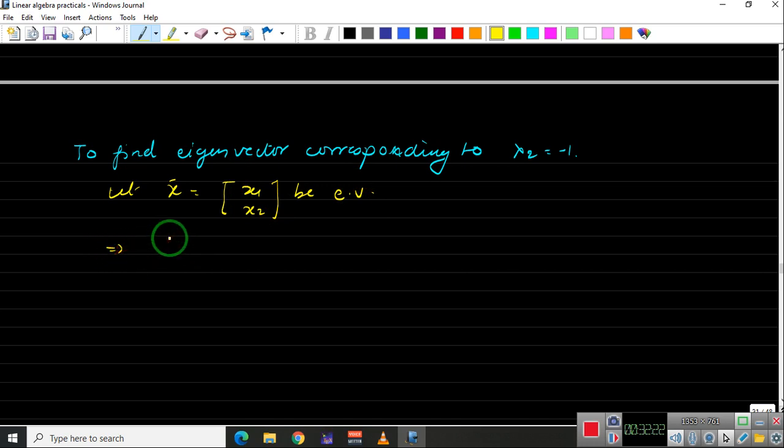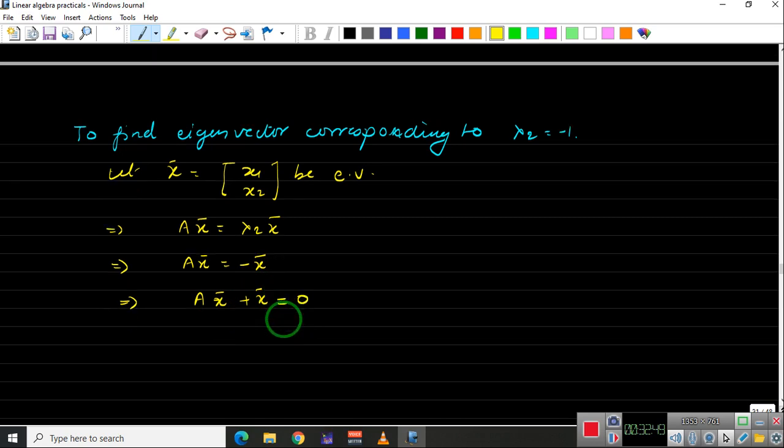We will have A x bar equals lambda x bar. We have A x bar equals lambda 2 x bar. This will imply A x bar equals minus x bar, since lambda 2 is minus 1. This will imply A x bar plus x bar equals 0.